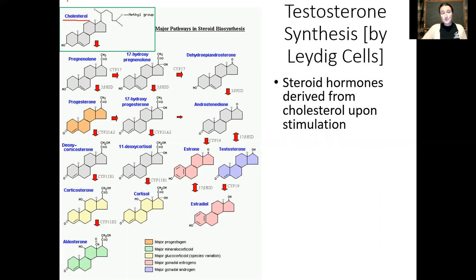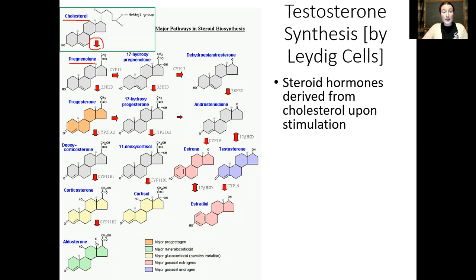Cholesterol can be modified by a series of enzymes into all of these different chemical structures. Note that each of these red arrows indicates a chemical reaction. Cholesterol is modified by an enzyme to produce pregnenolone.